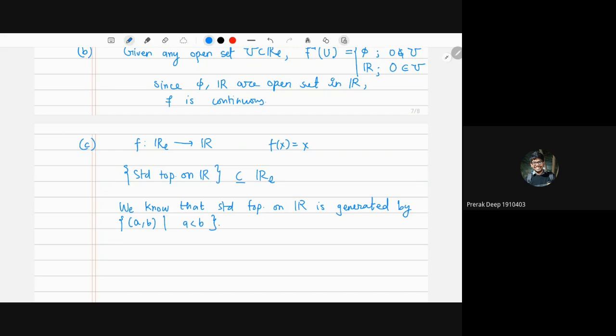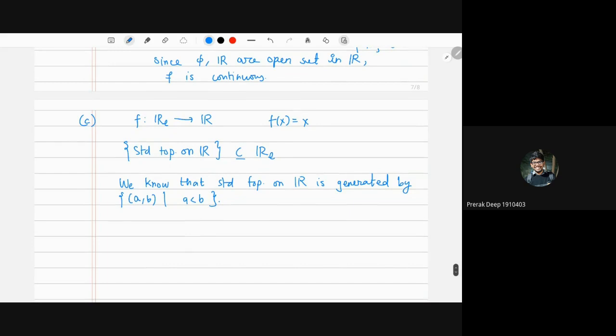The open intervals are the basis. So any open set U is an arbitrary union of these intervals, or a finite intersection of these intervals.